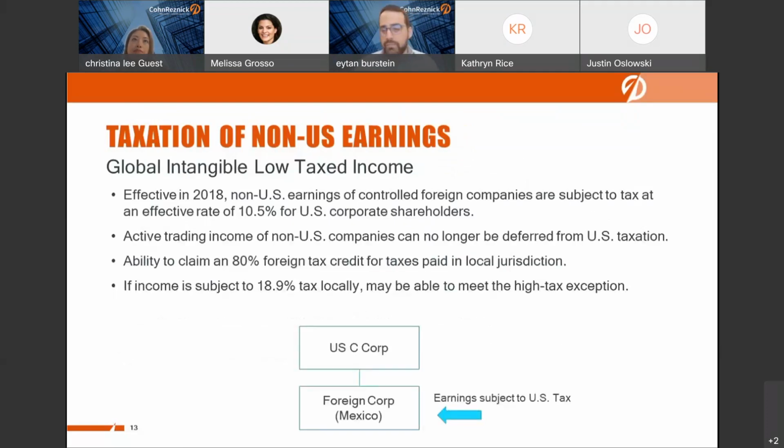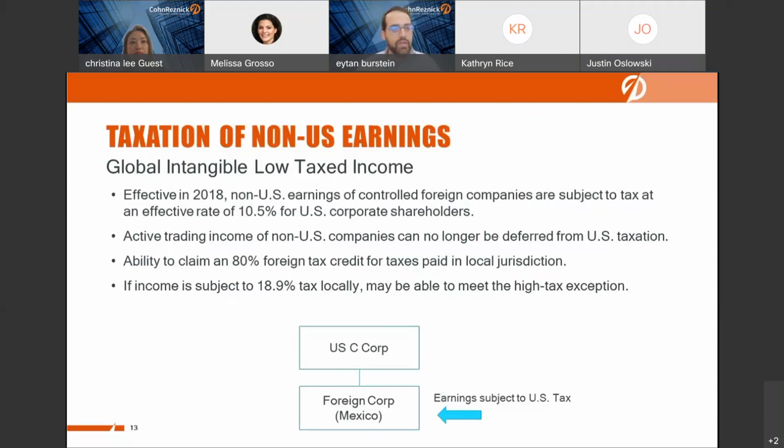And to save the bad news for the last slide is taxation of non-U.S. earnings. And this relates to primarily how the US taxes profits of subsidiary companies. One of the most significant changes of the 2017 Tax Cuts and Jobs Act was the enactment of the GILTI tax. And so while there was a concept of what's known as deferral of US tax, when you had an active trade or business overseas, in this example, Mexico, it could be any country, the UK, Canada.